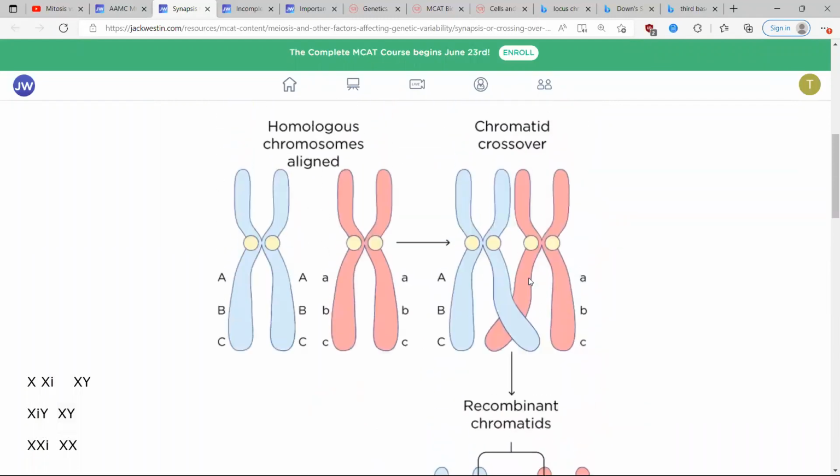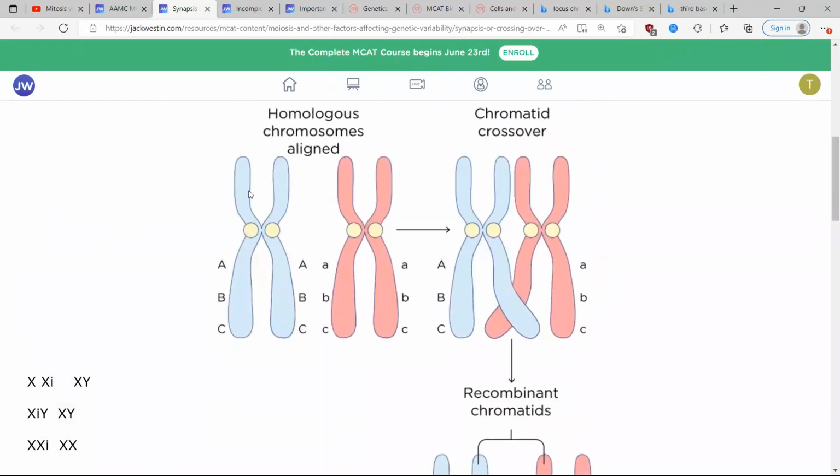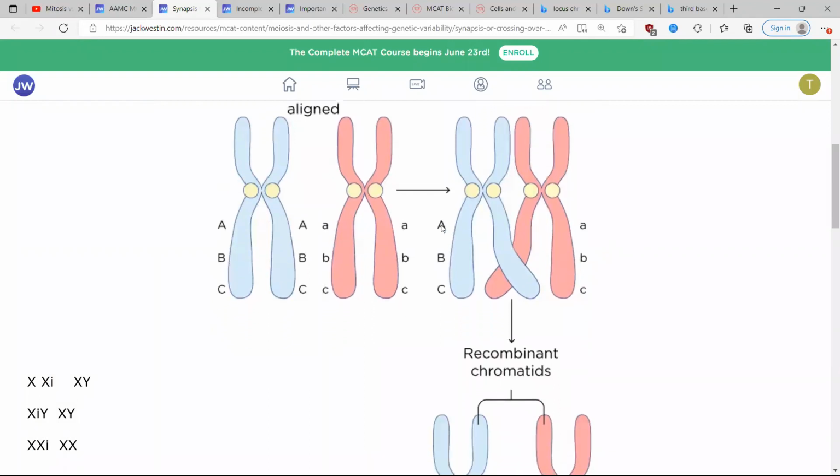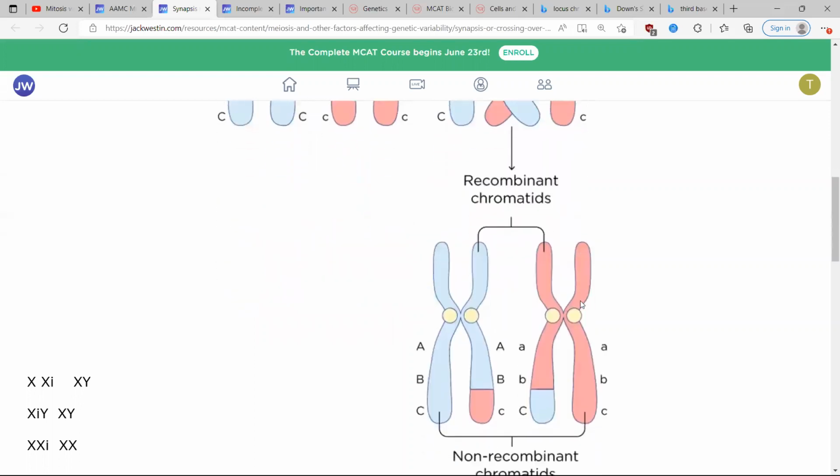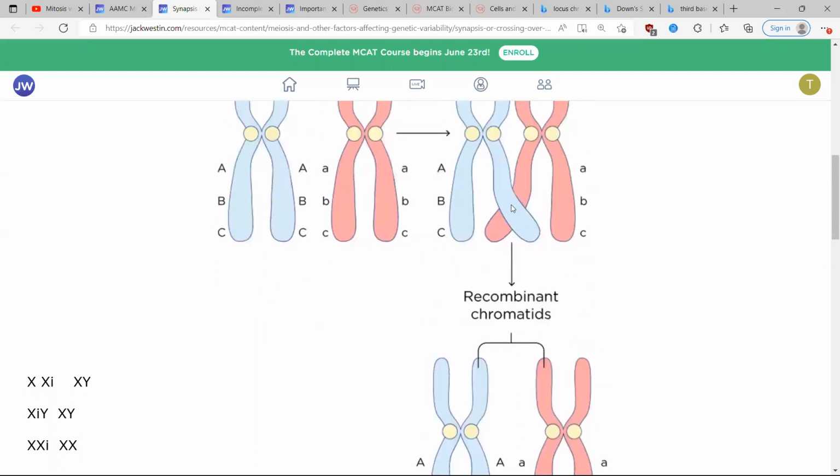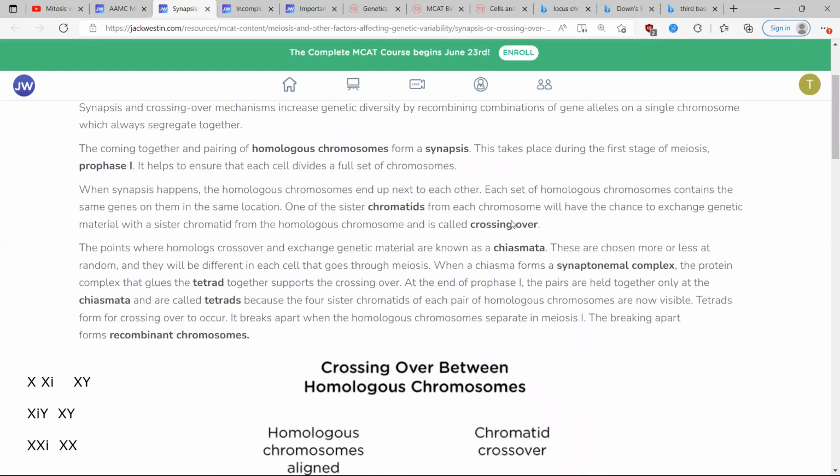So just to clarify, chromatids are the little legs, right? And here they've labeled these sections as A, B, C, and the pink ones as the lowercase a, b, c. I'll just call it blue ABC and pink ABC, or red ABC. Once we have this little crossing over event, right? This is called crossing over.